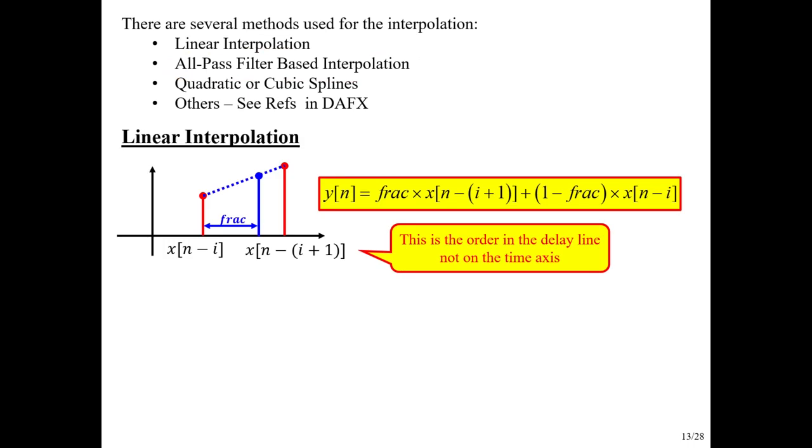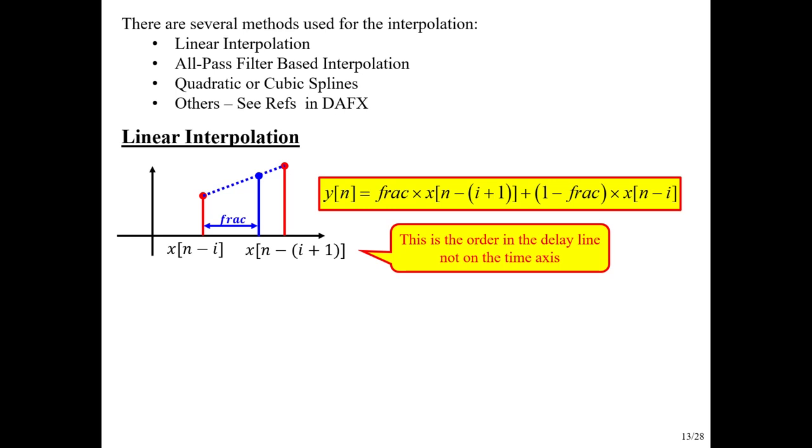So let's take a look at linear interpolation. So again, here's our sample delayed by I. We have that value. And here's our sample delayed by I plus 1. We have that value. And again, I'm pointing out, I'm showing this on a delay line, not the time axis. So this is the order in which they are in the delay line.